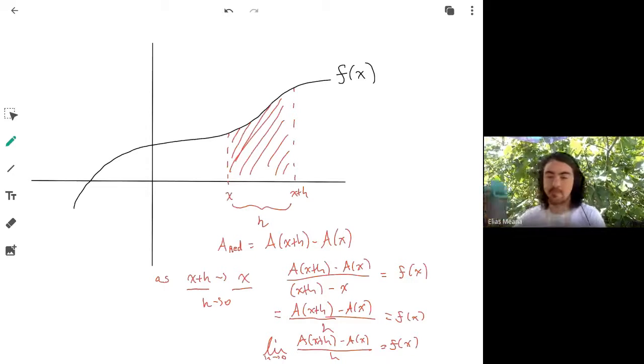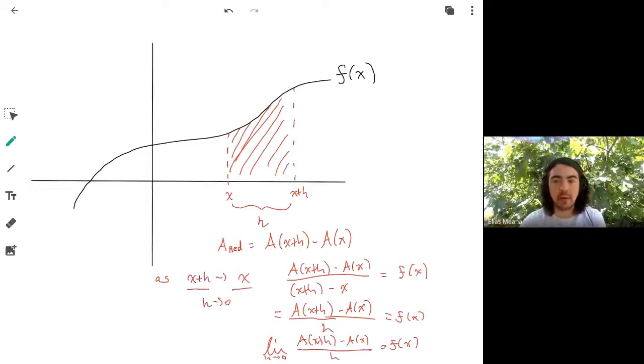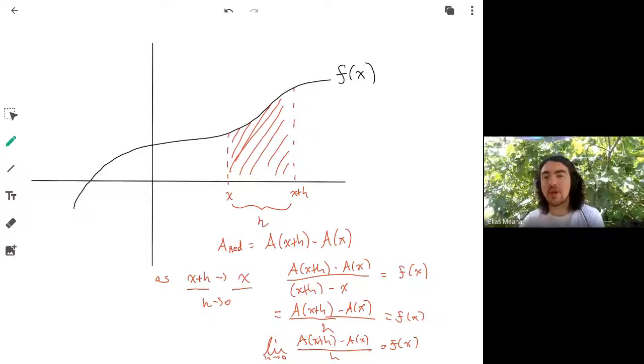Okay. It tells us a lot here. It tells us that whatever this function is, A of x, or we previously called it big F of x, the derivative of it has to be the curve itself.